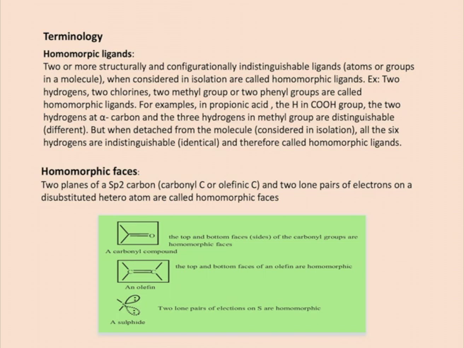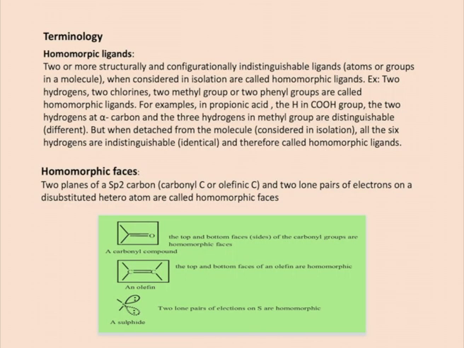The homotopic ligand is different from the homotopic face: the homotopic ligand appears on the sp3 carbon, okay, tetrahedral compounds here, and the homotopic faces are applicable to unsaturated compounds here.